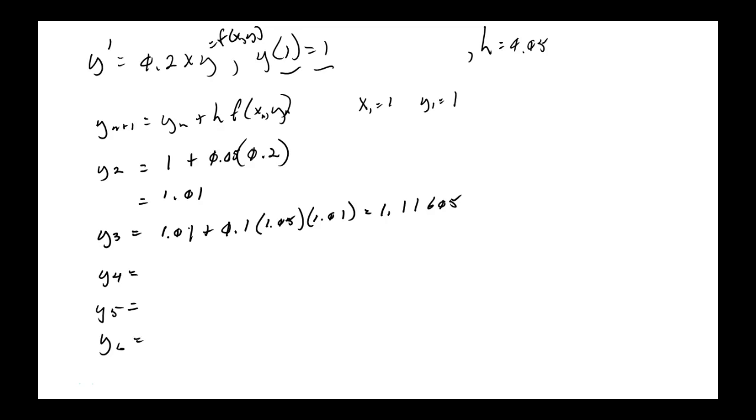I'm not getting the same thing they did. Okay, 1.01 is what they got the first time. 1.01 plus 0.05 times 0.2 times 1.05 times 1.01, equals 1.020605.